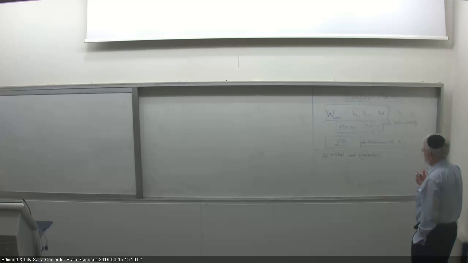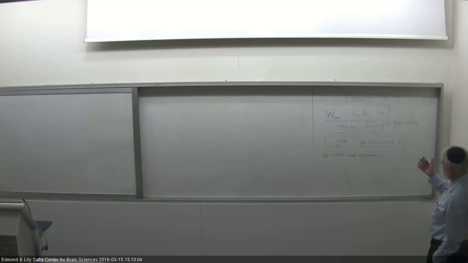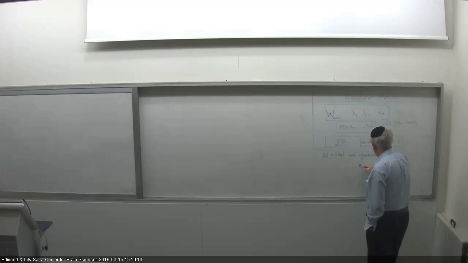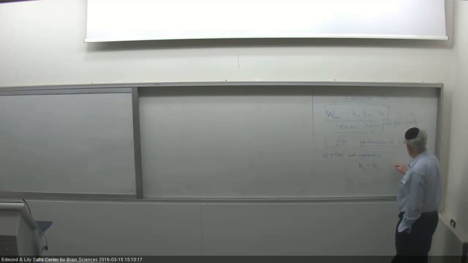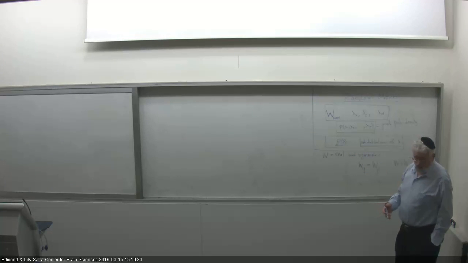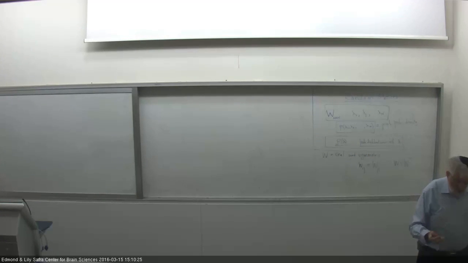It can also be Hermitian complex, but let's talk now about real and symmetric. So it means that W_ij is real and equal to W_ji for all i, j, or W equals W transpose.